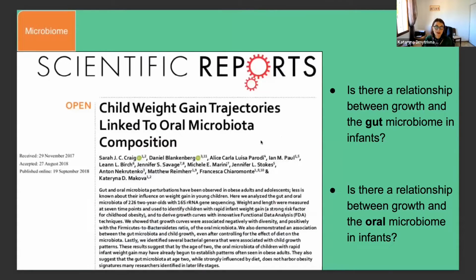So the study I'm going to talk about has been published. So this is our publication from 2018 in Scientific Reports. And the question that we wanted to ask is whether there is a relationship between growth and the gut microbiome in infants, and whether there is a relationship between growth and the oral microbiome in infants.